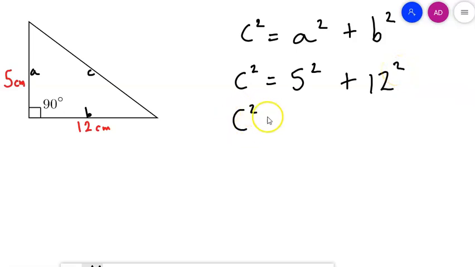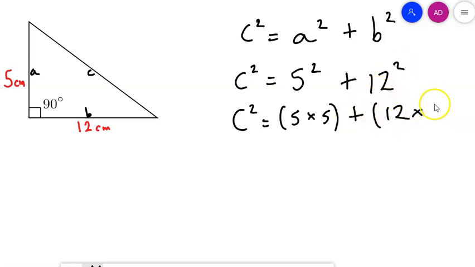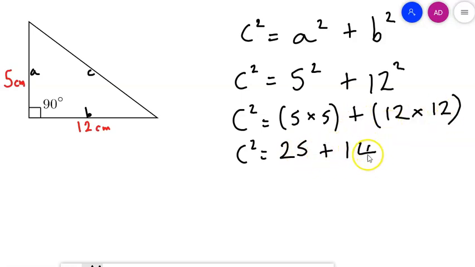So c squared is 5 to the power of 2, which is 5 times 5. And then you add to that 12 to the power of 2, which is 12 multiplied by 12. So 5 multiplied by 5 is 25, and then you add to that 12 multiplied by 12, which is 144. So c squared is 169.